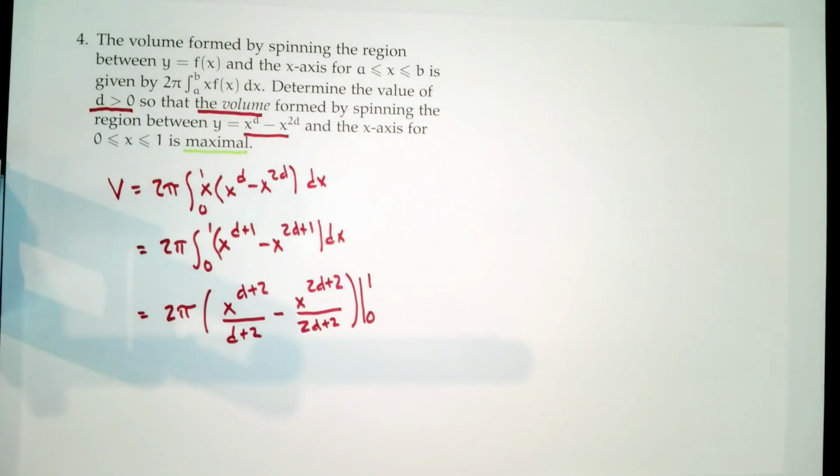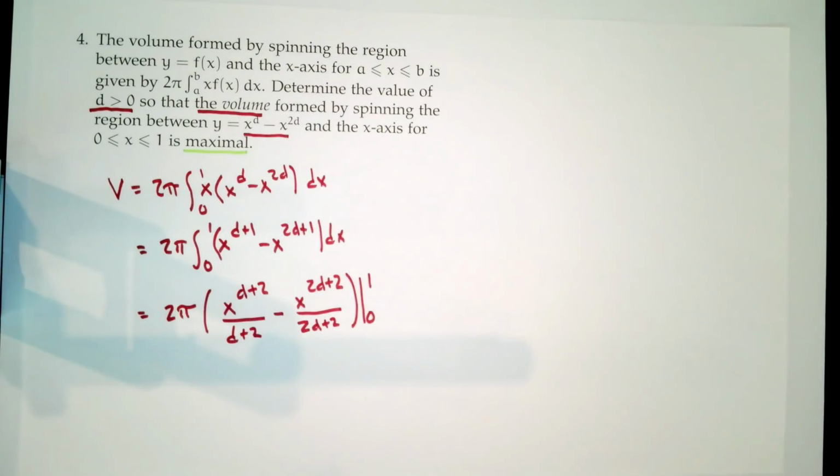Now, we had a similar problem like this on an old exam. And it turned out that students got stuck at the next step. We didn't anticipate this. The next step is to evaluate at the endpoints. Now, when you evaluate at 0, not very big surprise, you get 0, because it's 0 to a power. But here's where people got stuck. When you evaluate at 1, what is 1 to the power d plus 2?